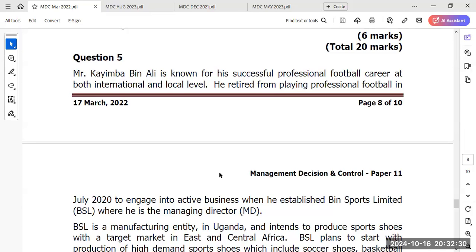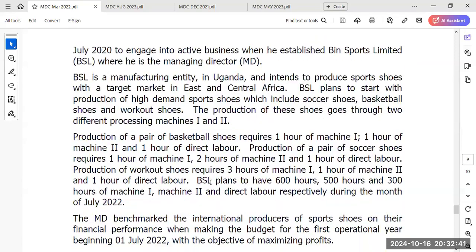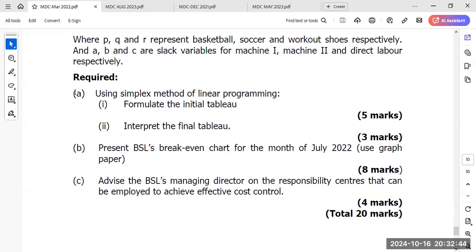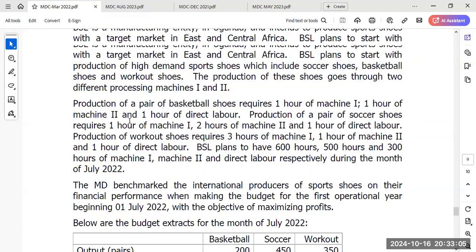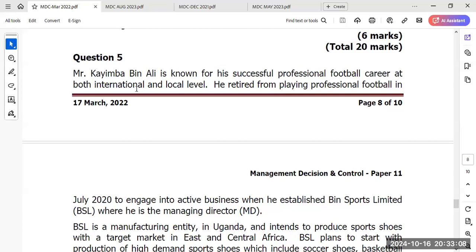You'll find that there are other topics mixed in a case study. Not all the details given in the case study are going to help you to answer part A. Some paragraphs may help you to answer part B and part C. So your focus as you read the case study is to see which information can help you to actually answer part A. Read through once.